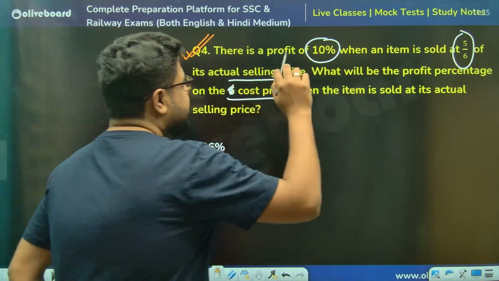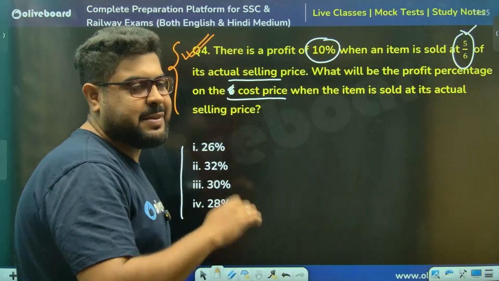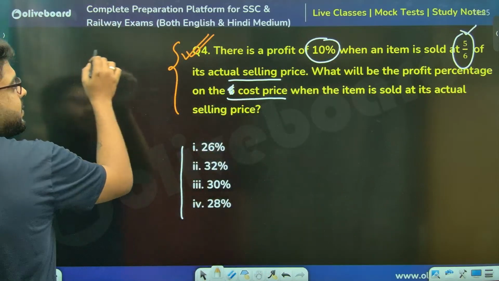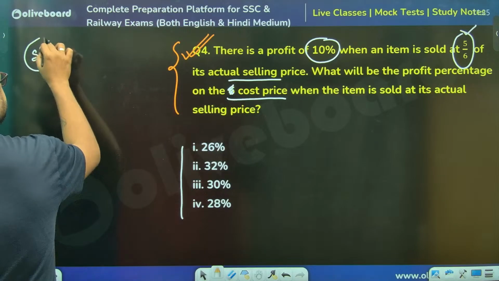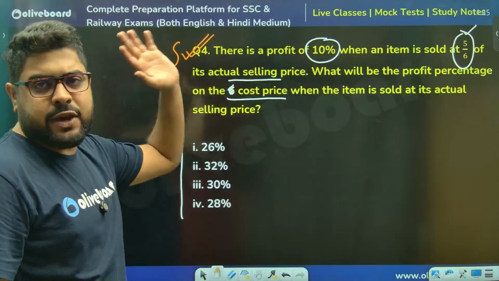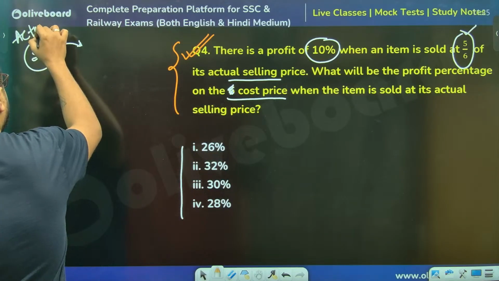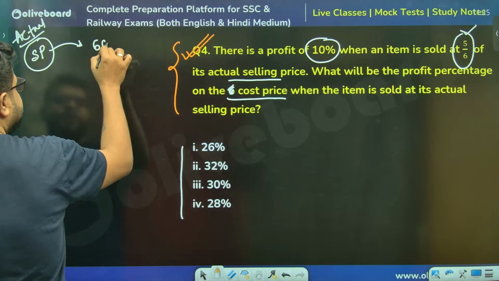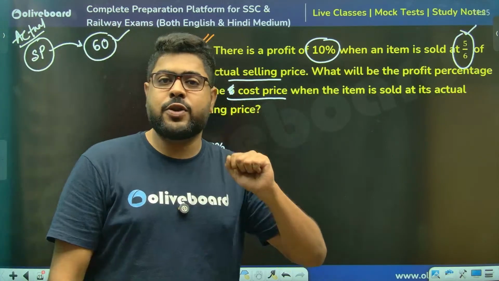Okay, sir, again 5 by 6, keep that in mind. What is the selling price, sir? 5/6 of the actual selling price. Let me take the actual selling price as 60 rupees. You may ask why I am taking 60. That is something you need to understand.